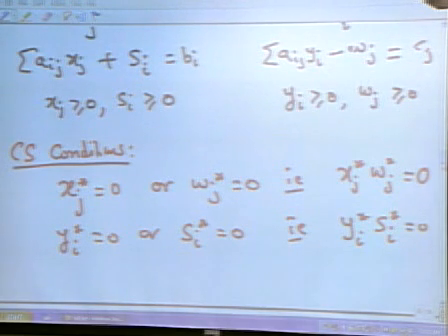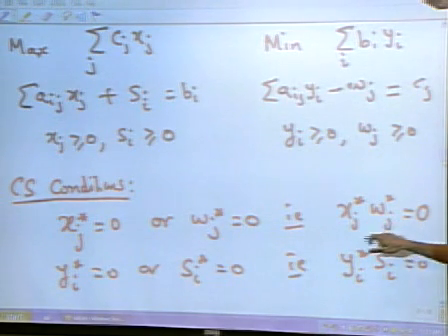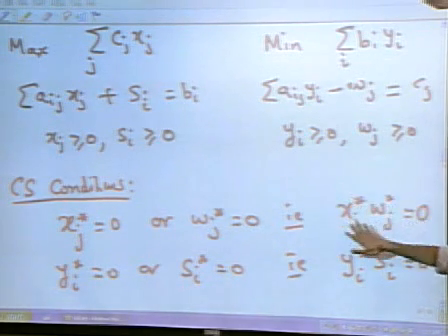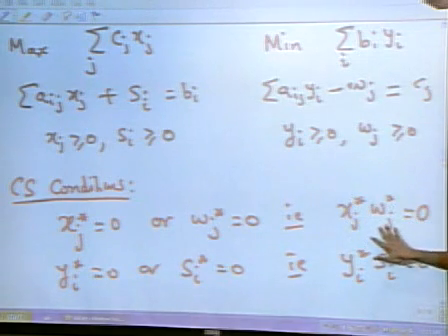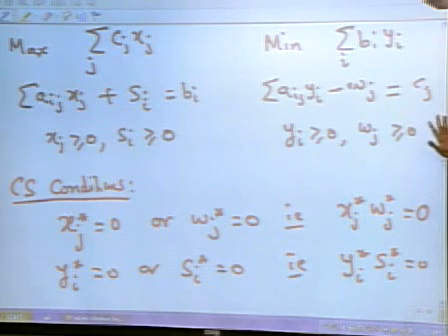So you can sort of see that there's a natural relationship between the slacks of one problem and the variables of the other. The surplus of one problem and the variables of the other. So you can see that xj, which is the jth variable of the primal problem, is somehow associated with wj, which is the jth surplus variable of the dual problem.